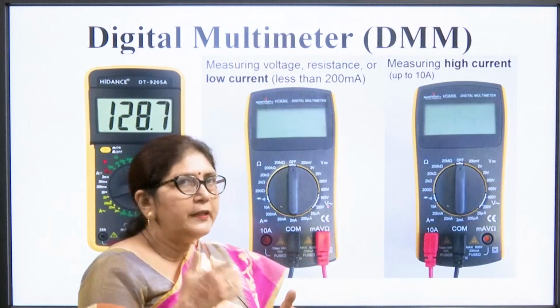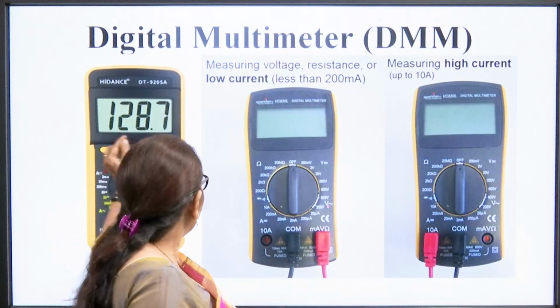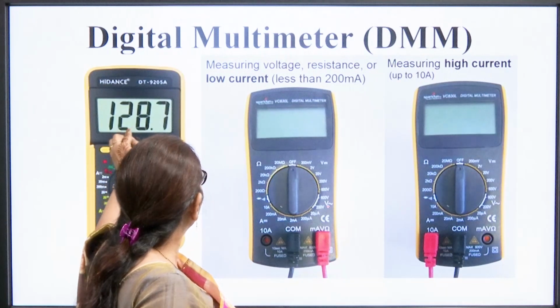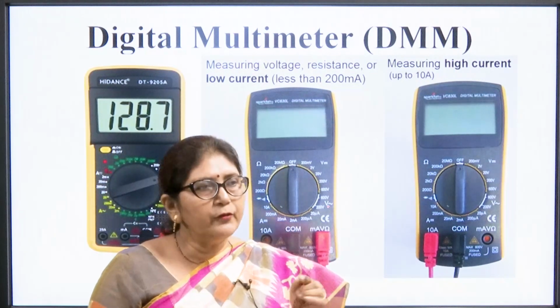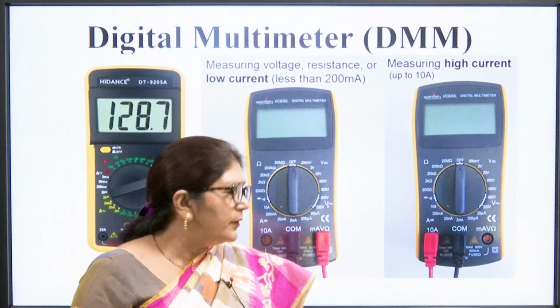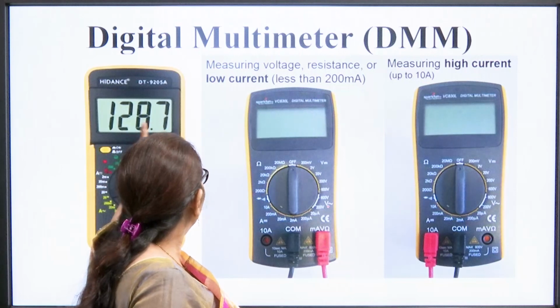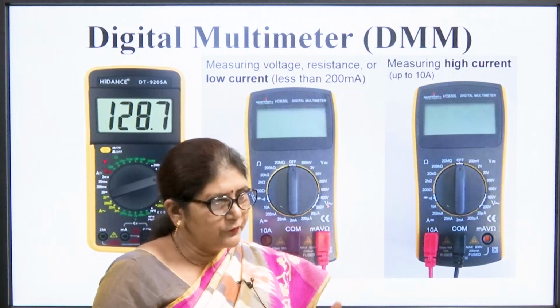It means by this instrument we can measure voltage from 0.001, that is a minimum of 1 millivolt, and a maximum of 1999. It means 199 volt we can measure by this instrument.